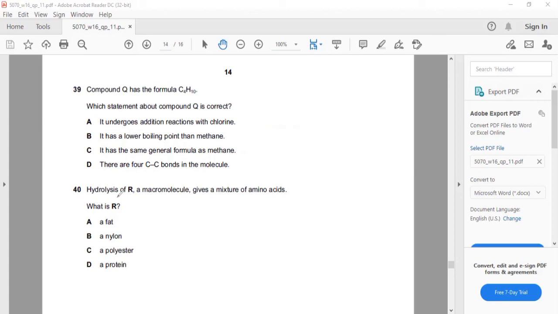Last, hydrolysis of a macromolecular mixture of amino acids. It means it is protein. Protein on hydrolysis gives amino acid. Remember this. And sucrose is in your syllabus. This fat on hydrolysis gives fatty acid plus glycerol.